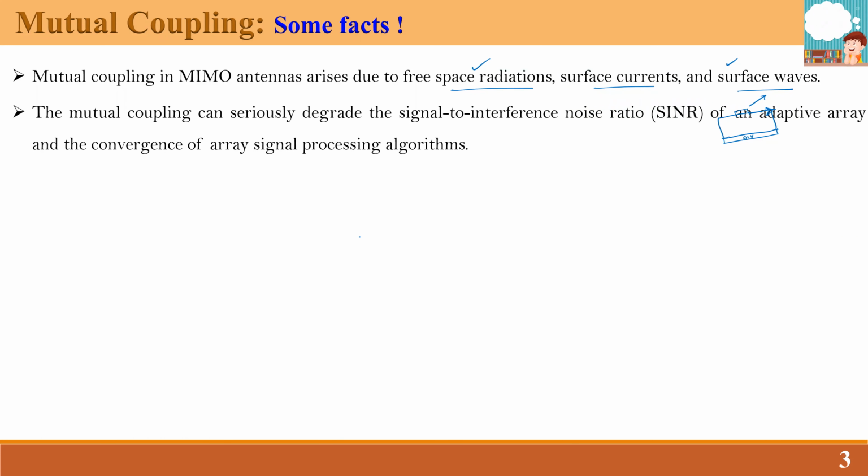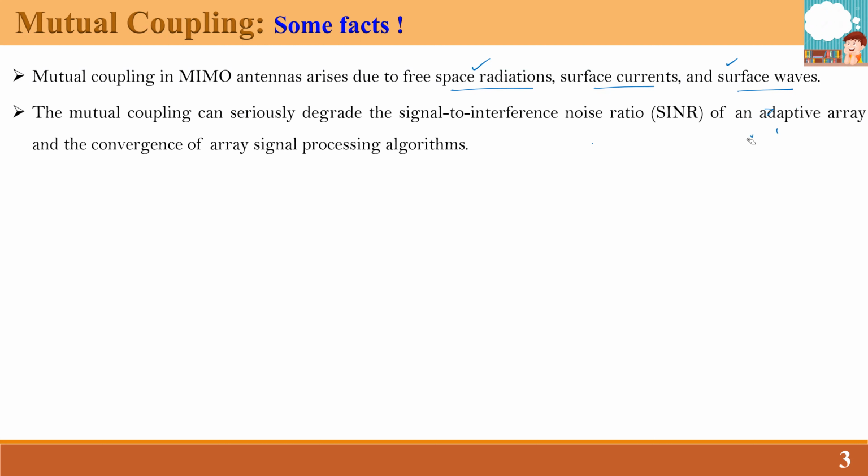Now, coming back to the second case, mutual coupling can seriously degrade the SINR that we have already discussed. The question one may ask is, if SINR is degraded, can I improve it with the help of signal processing, or do we have to work at the circuit level?